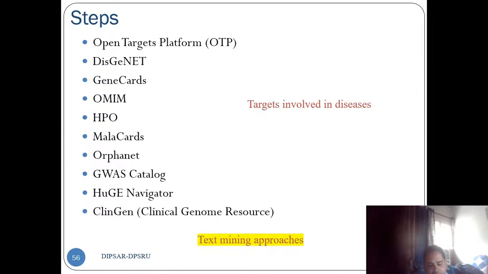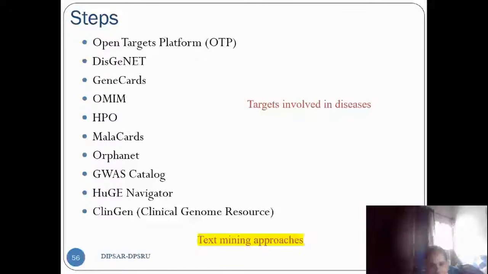That is the first step. Or you can identify the targets which the compound can hit. To identify these, you have to pull the data from different databases.